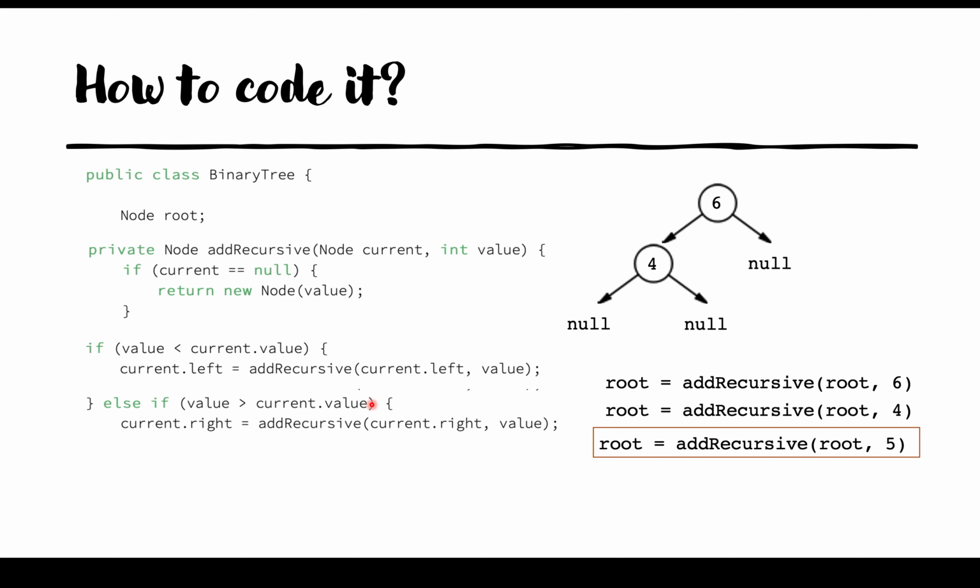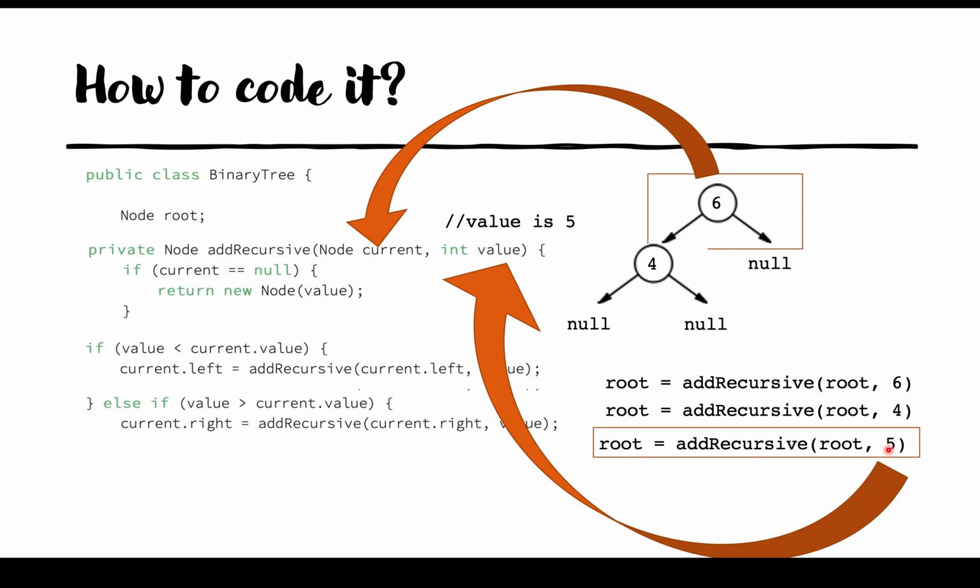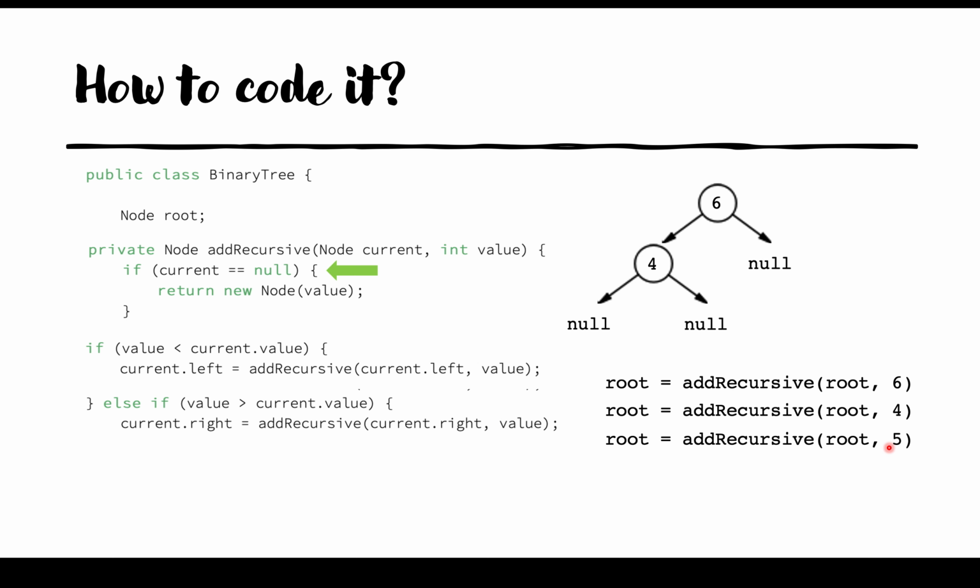So let's run through our code and see how that works. We just said root equals add recursive. We send root again, and we send the number 5. So root gets sent in as our current node, but our value is still 5, right? It gets sent in from this function. It's not null because it's 6. Current is not null, so we skip to the next. If value is less than current dot value, well, that's current, and our value is 5.